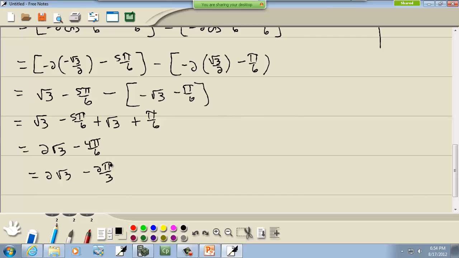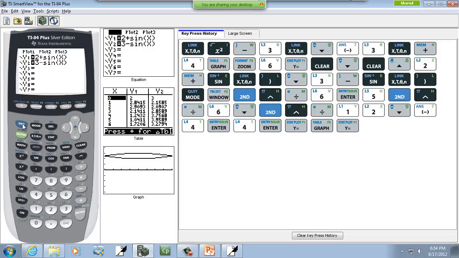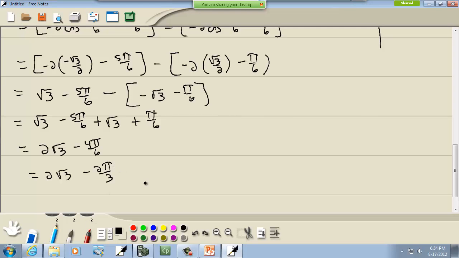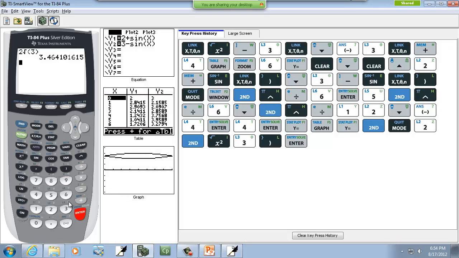Now, pi is like 3. 6 divided by 3 is 2, times 2 is 4. So that's like 4. 2 square root of 3. Let me exit out. So if I do 2 square root of 3, I got that correctly.